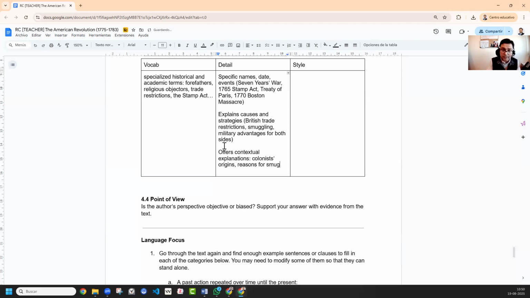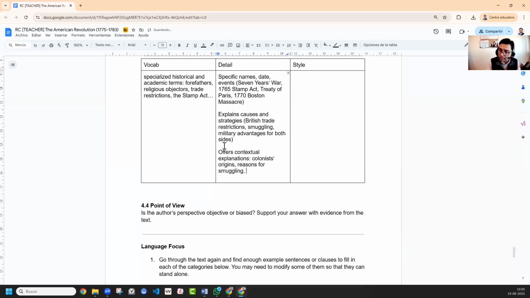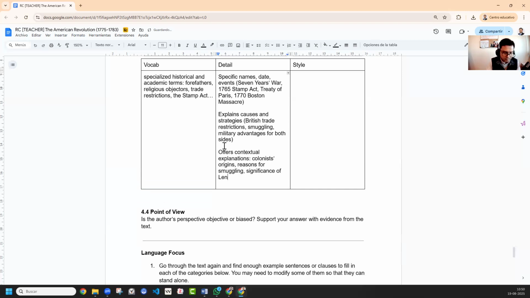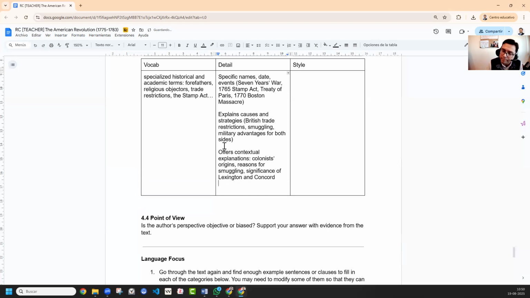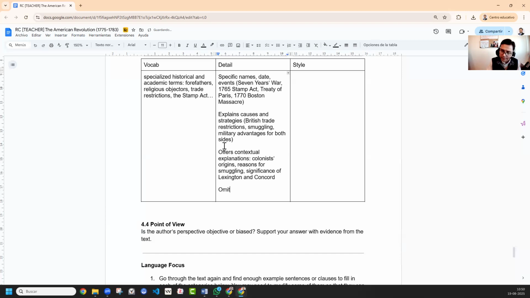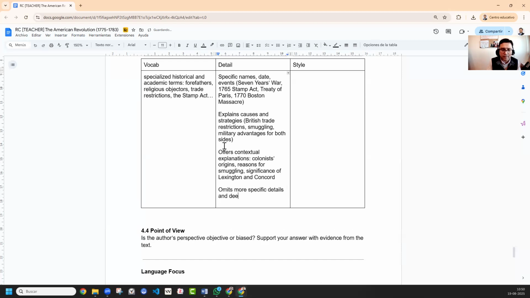So that was the increase in taxation, smuggling, the significance of Lexington and Concord, etc. It also omits more specific details and deeper analysis.